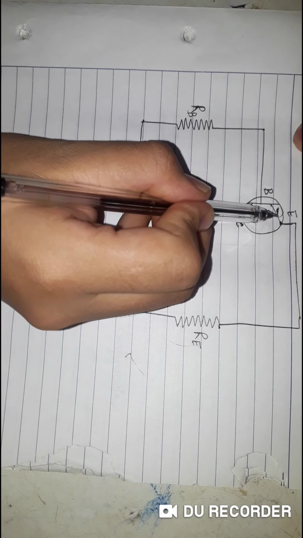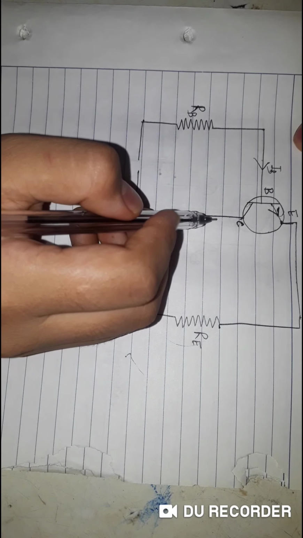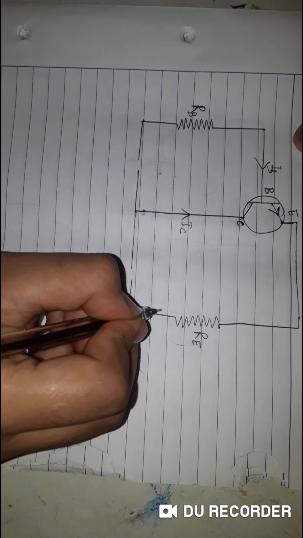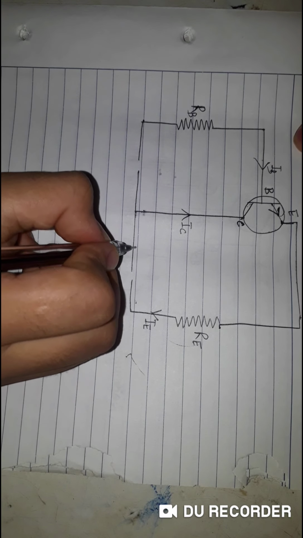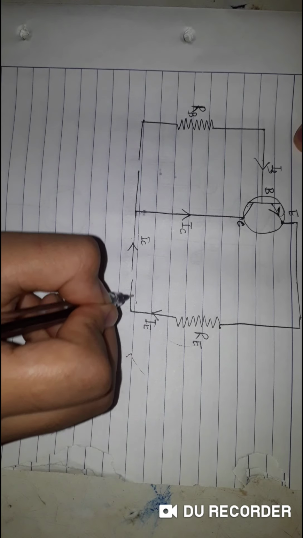And now, here the emitter current goes outward, that means the base current IB comes inward, and the collector current IC goes inward as well. So in this case, IE comes this direction. So here, the supply for our IC is being made from over here, and the IE is coming this way.